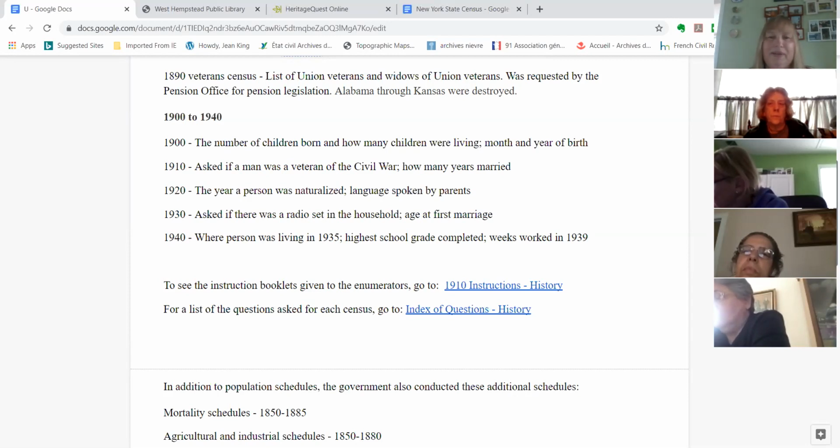I know with my relatives, I've seen them put down different naturalization years on different documents. But especially by 1920, you're asking a person when they were naturalized and maybe they had come 30 or 40 years ago, and maybe they're not remembering exactly what year they were naturalized. But it still would give you something to start with.